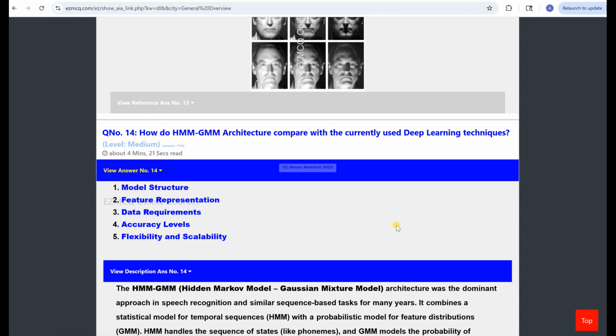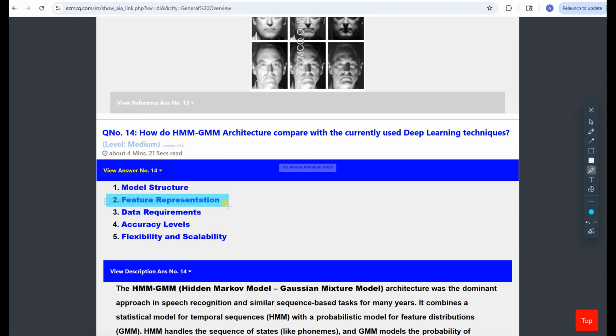Then is the feature representation. Now, the HMM and GMM rely on handcrafted features or spectral coefficients, which are domain dependent, which means that it requires domain expertise.